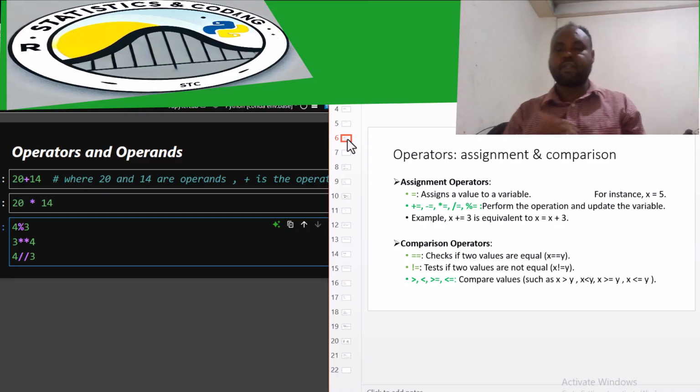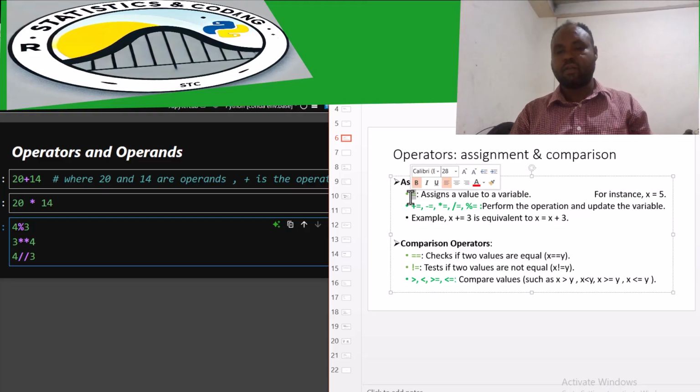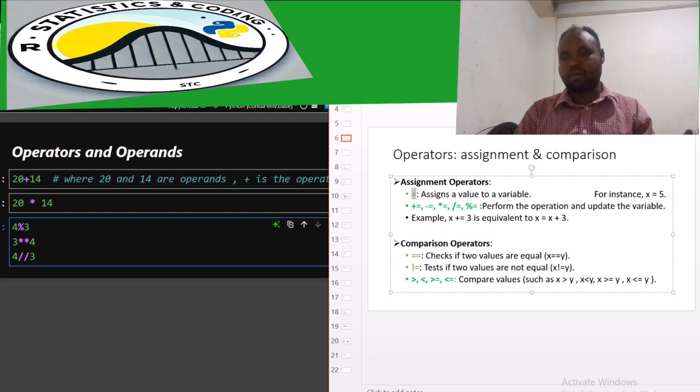The other operators are assignment operators and comparison operators. Assignment operators include this equals token, which is called the assignment token in the Python programming language. It is used to assign a value from the right side to the left side. For example, it is not right communication to say x is equal to 5, but rather that 5 is assigned to x.